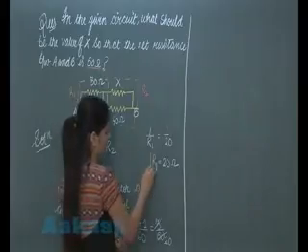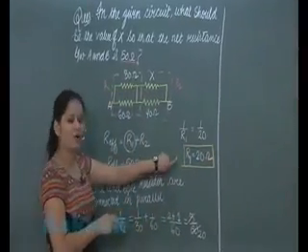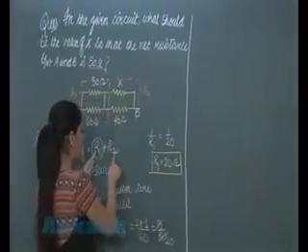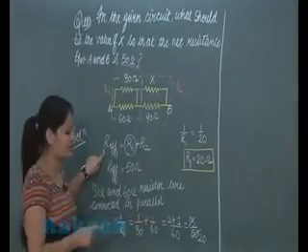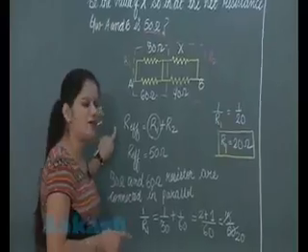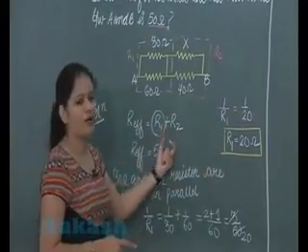So student, we have found out the value of R1. It is 20 ohm. Now student, we know R1 and R2 in series combination give the effective resistance. So R effective is equal to R1 plus R2. We know R effective. We have calculated R1. So we can get the value of R2.